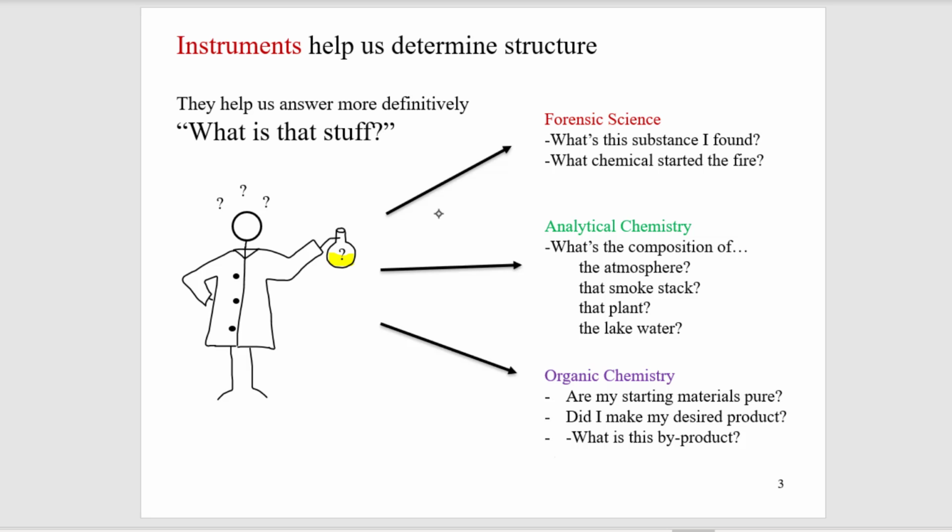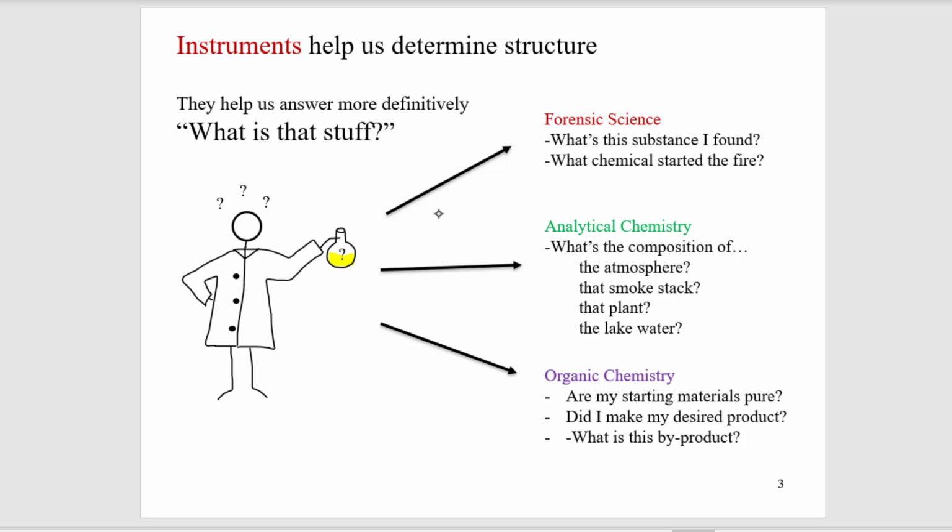So we're going to be moving towards how to figure out what you have in your flask, right? And there are lots of different scientists that need to know what that stuff is. For instance, you could have a forensic scientist looking at a substance found at the crime scene, right? And what is that substance? Is it a drug? What type of drug is it?